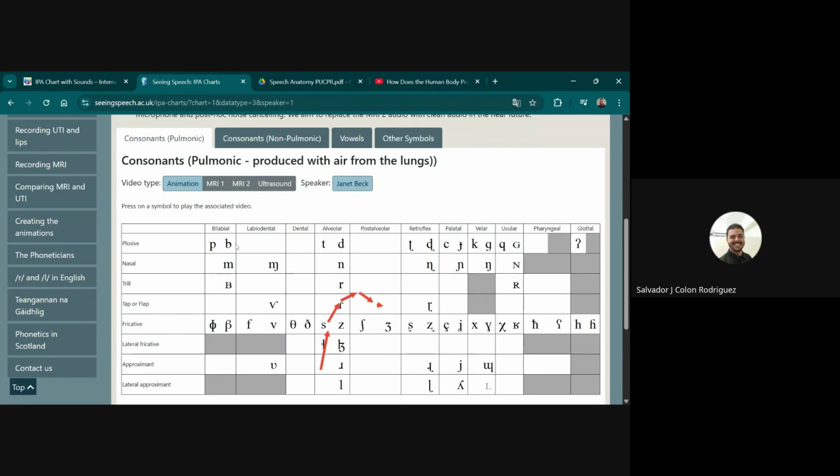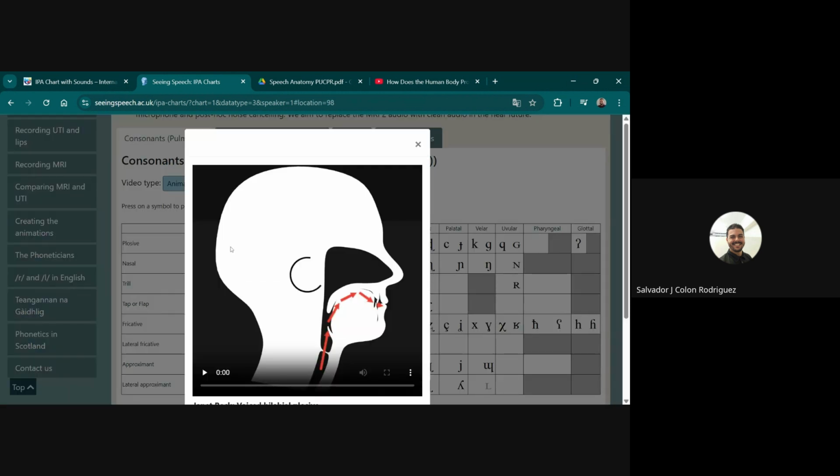But I want you to look at this other example. Let me have the animation. Now, b, look at this. Look at the airflow again. It's already present there. And you're going to see through all of this area, that airflow going through all of this area.